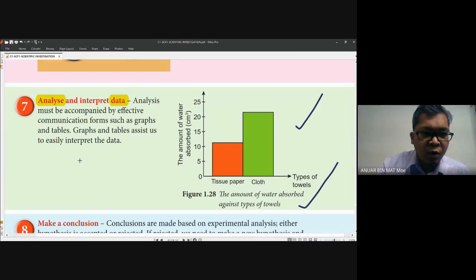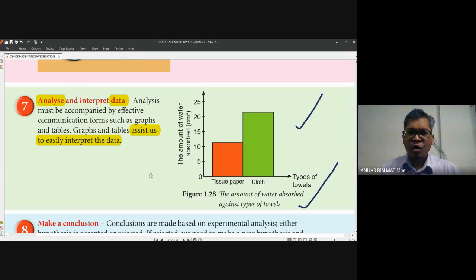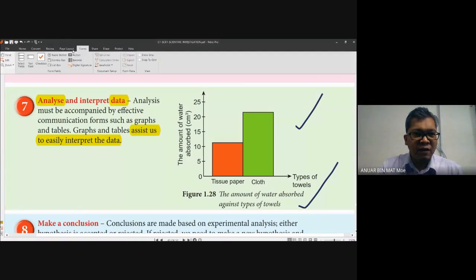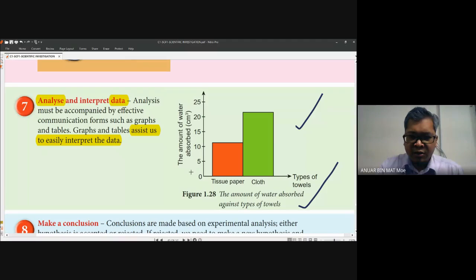Okay, why we need to analyze and interpret the data? To assist us to easily interpret the data. More easier for us to see the difference, for example. Okay, for example, here the tissue paper, after you do the experiment, you can say that tissue paper only absorbs about 12 milliliter of water, right?